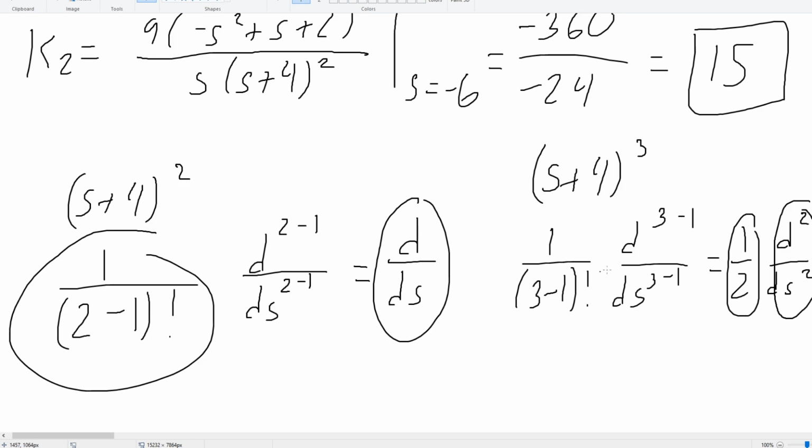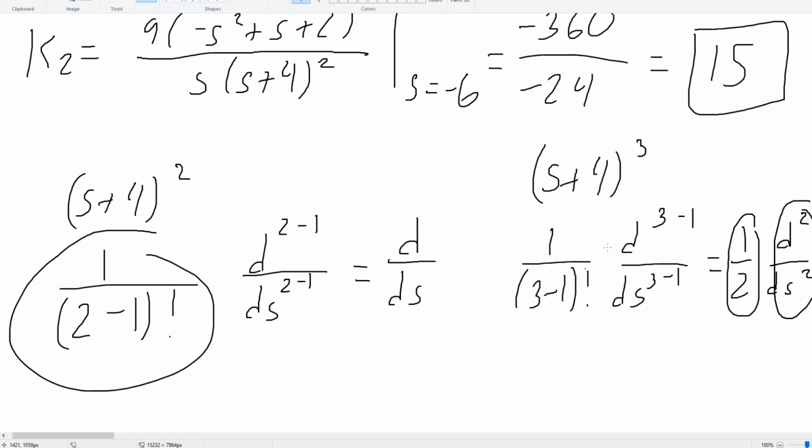And even if you did, you know this equation right over here, 1 half d2 over ds squared. But definitely, there's not going to be three derivatives. Three derivatives would be way too much.